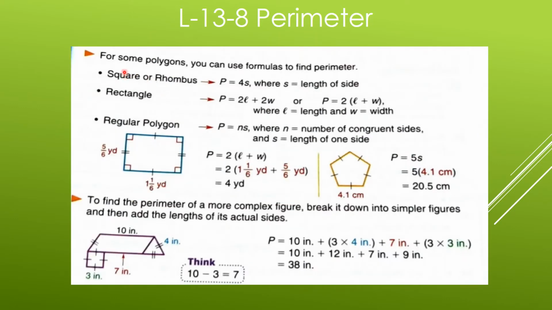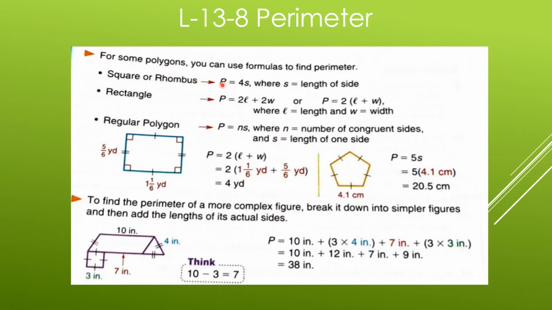In this one, find the perimeter using the formula. For example, a rhombus and a square. The rhombus is a four-sided figure, and a square is also a four-sided figure, and all sides are equal.